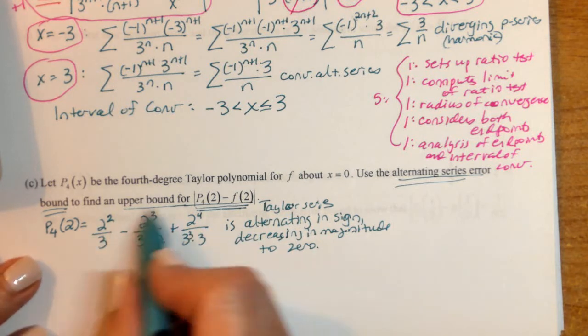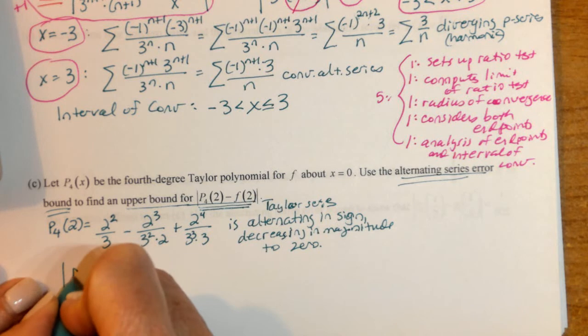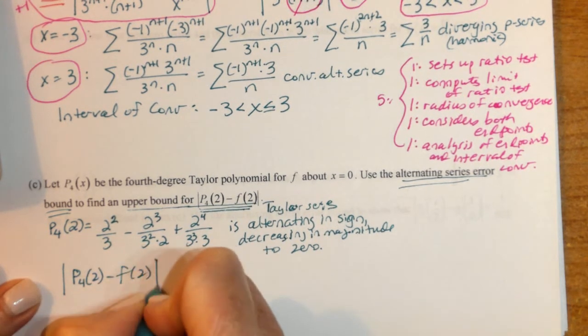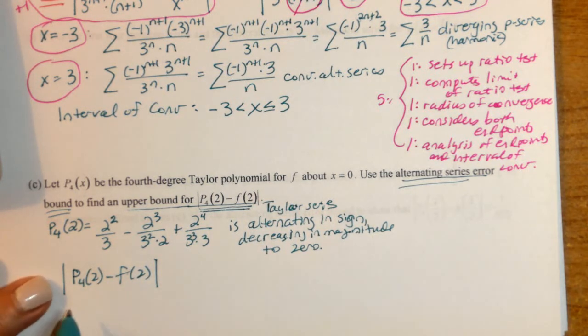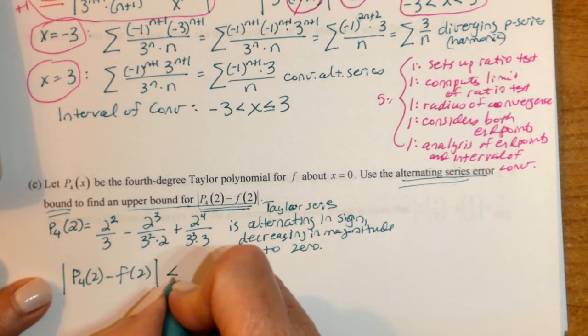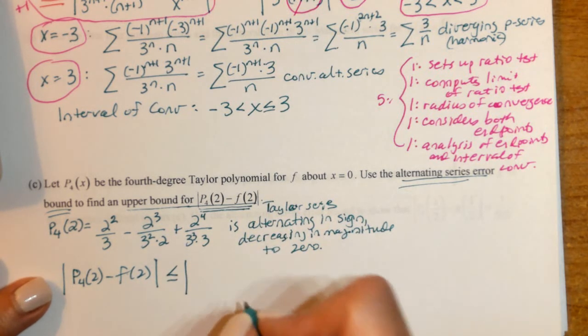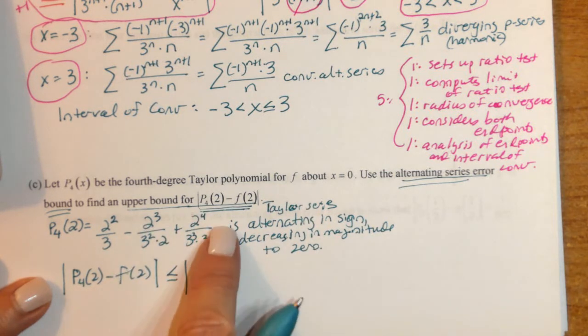So the error in this, they wrote it like, usually I write the f first and then the polynomial, but it doesn't matter because of the absolute values, is less than or equal to the absolute value of the first omitted term in your approximation. What was the first omitted term in our approximation?